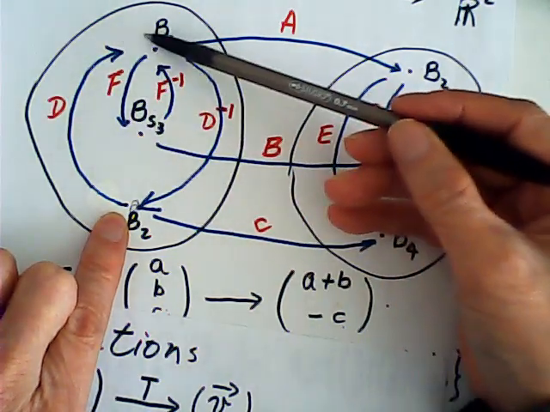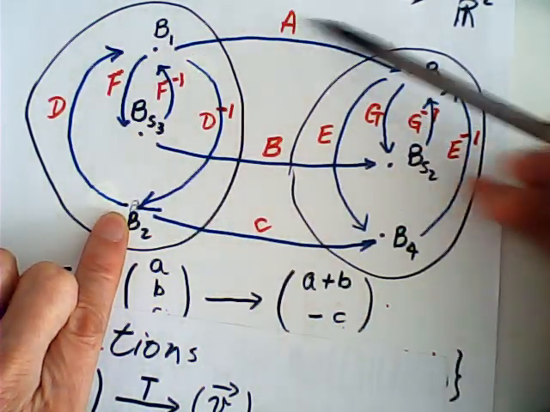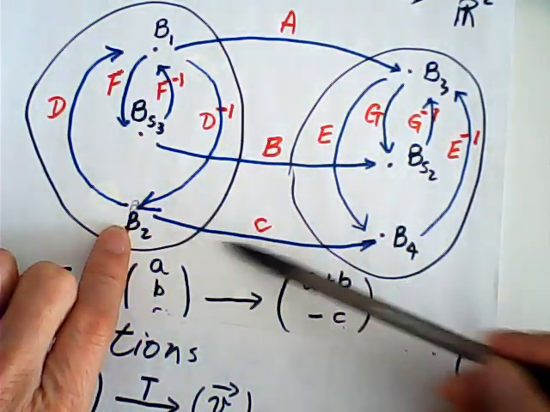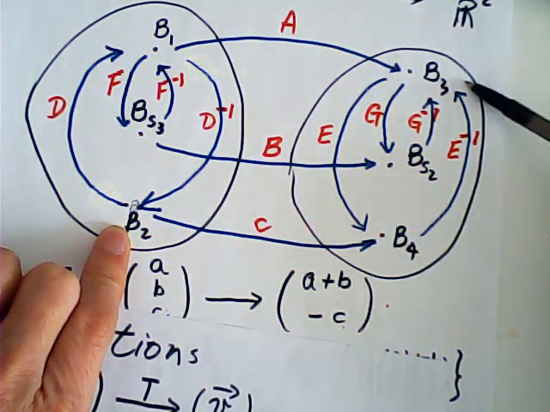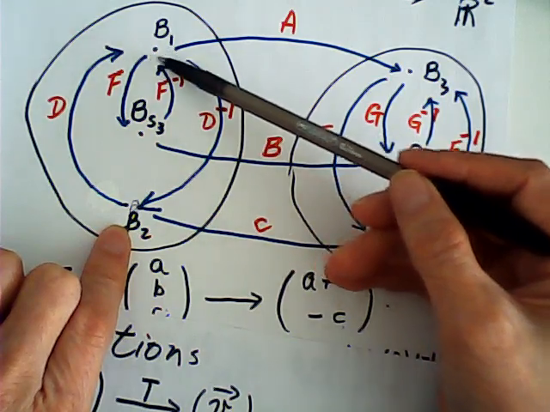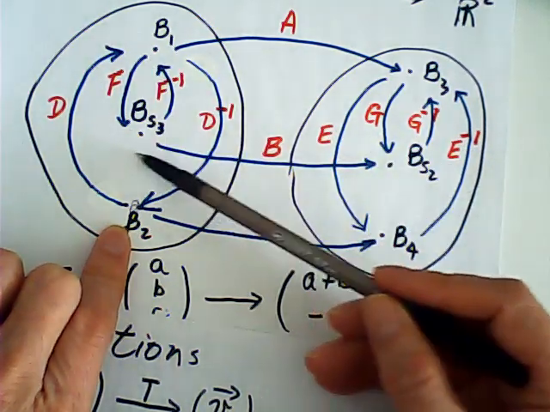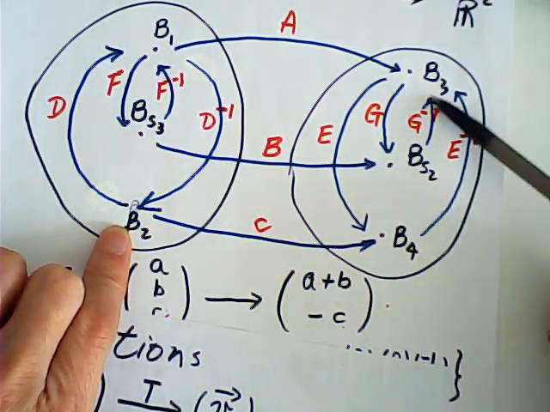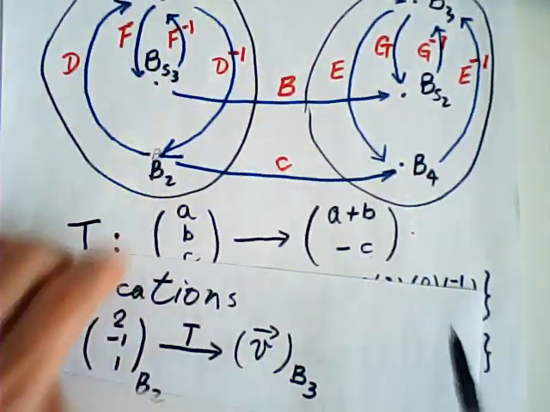You can choose this way, right? D and A, which is this one. We can choose C and E inverse. Okay, you can choose D and F and B and G inverse. See?